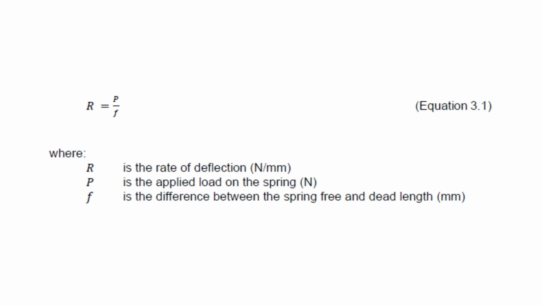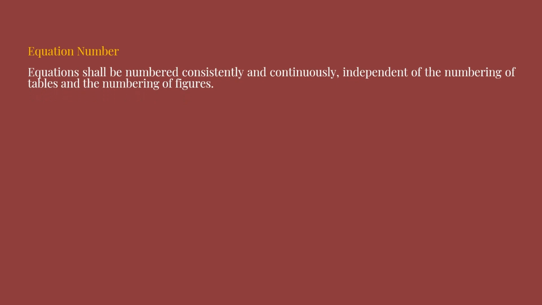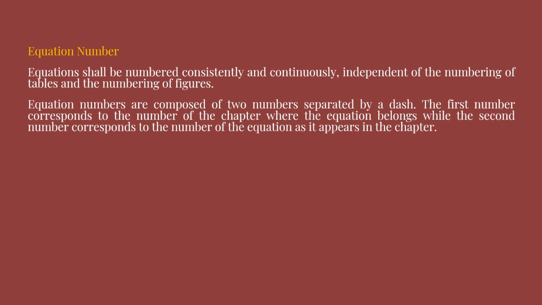In this way, it would be easier for the reader to understand what that equation means and what the symbols are in the equation that you use. Just like I said, the equation is formatted in the same way as you format tables and figures.